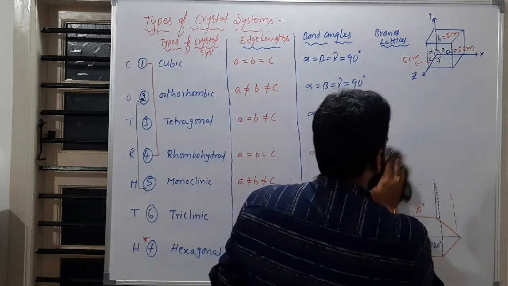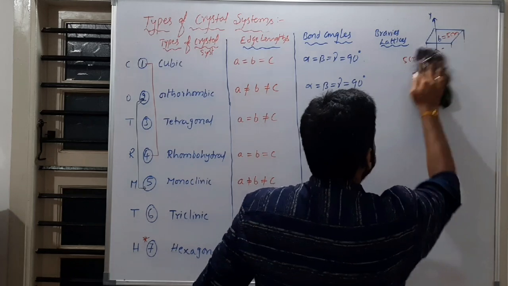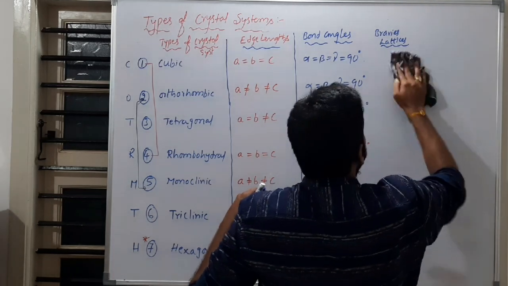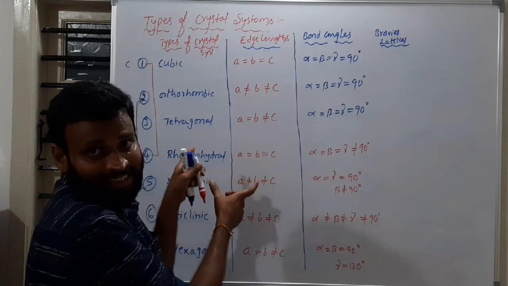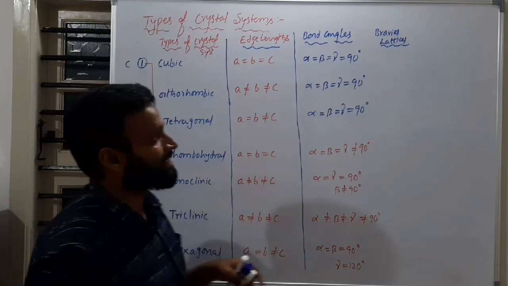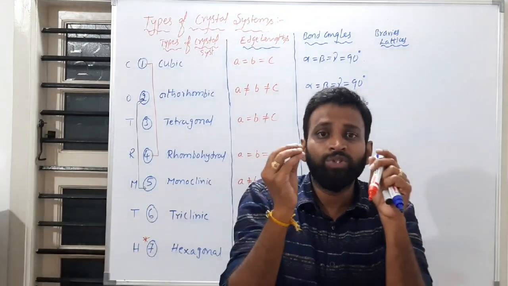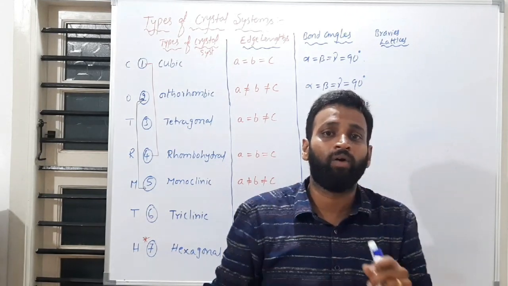Now, let's see what Bravais lattice means. What exactly does Bravais lattice mean? These 7 types of crystal systems, listen carefully. These 7 types of crystal systems are based on what? Positions of atoms or ions.